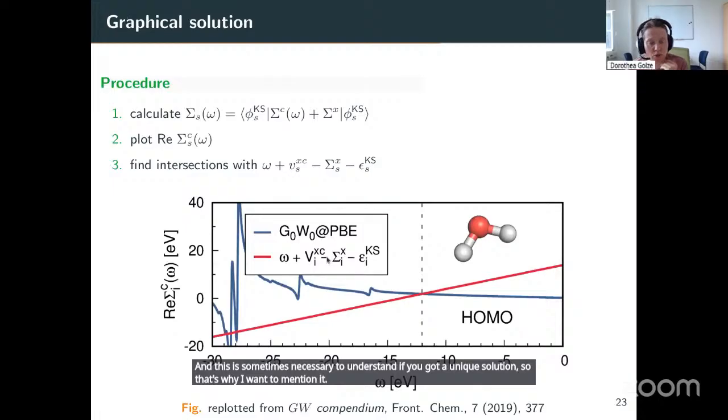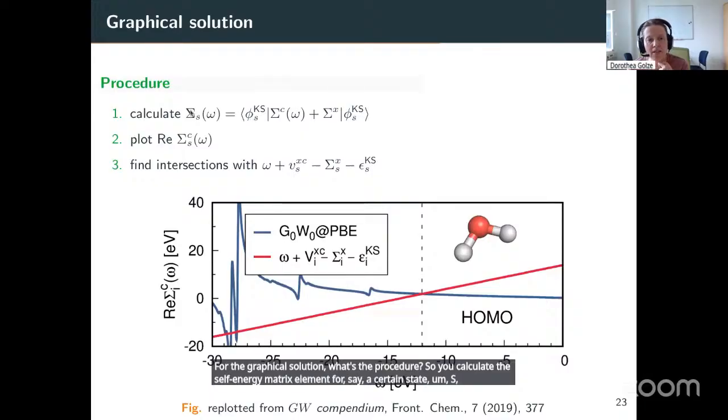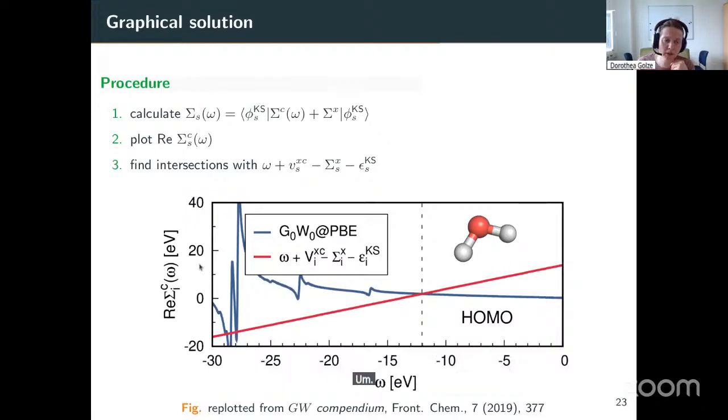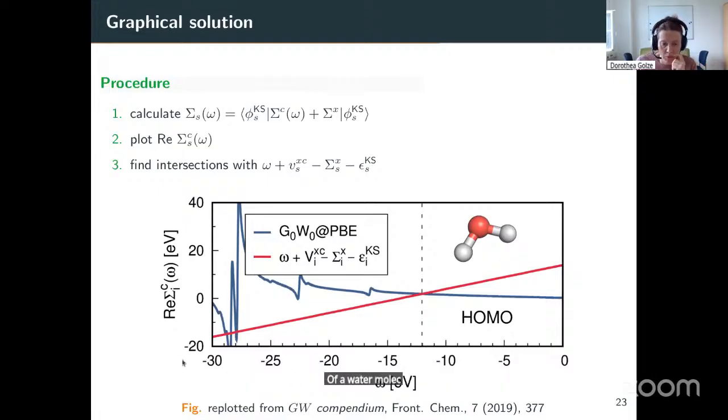For the graphical solution, what's the procedure? So you calculate the self-energy matrix element for a certain state S on a fine frequency grid. You typically plot the real part of the self-energy. This is shown here for the HOMO of a water molecule, plotted in the range from -30 to 0 eV.